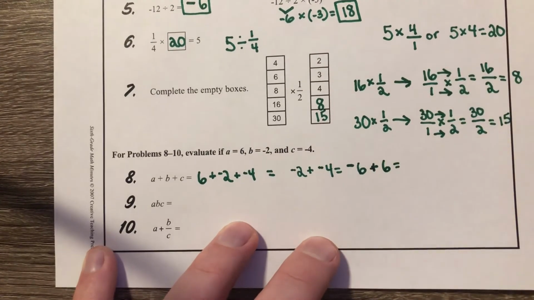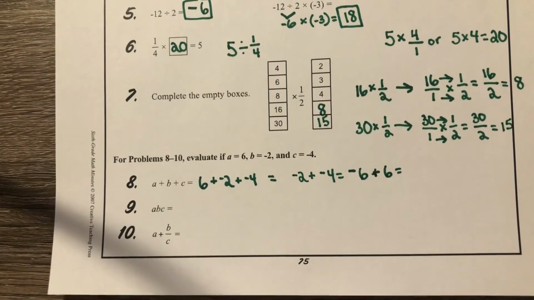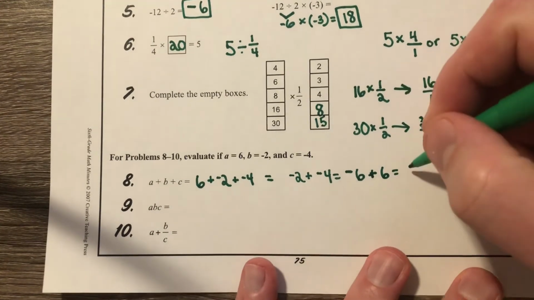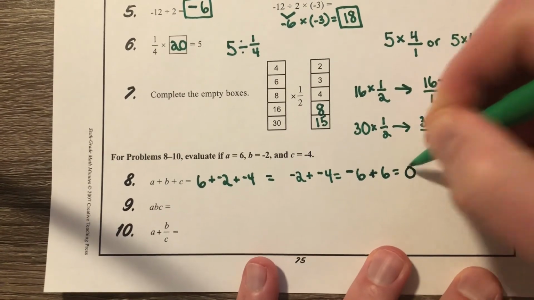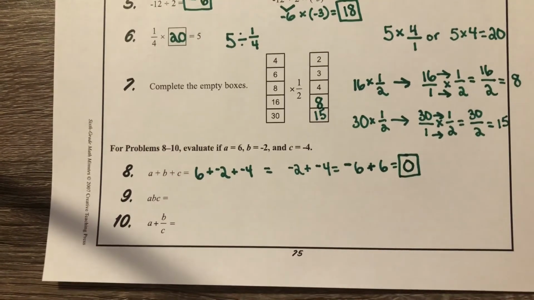So now I have -6 plus +6. Well, the rule in math is whenever you take a number and you add its opposite, you're always going to get 0. So -6 and +6 are opposites, and when we add them, we're going to get 0.